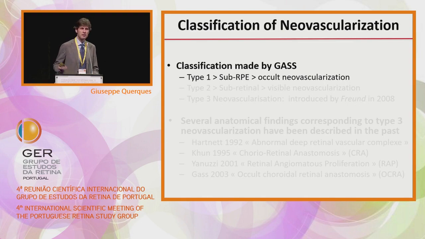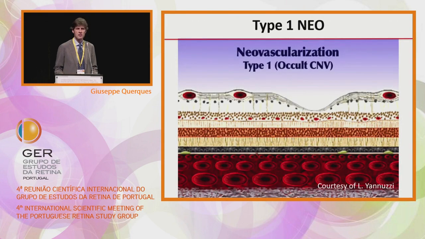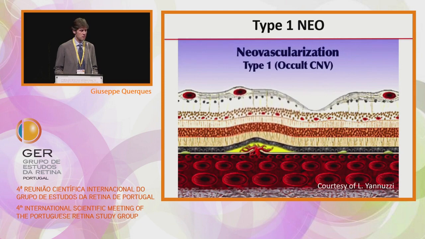Type 1 is the one that develops in the sub-RPE, just above the Bruch's membrane, and it's also known as occult neovascularization. This is because it's not visible on fluorescein angiography. And this is the way type 1 neovascularization develops.